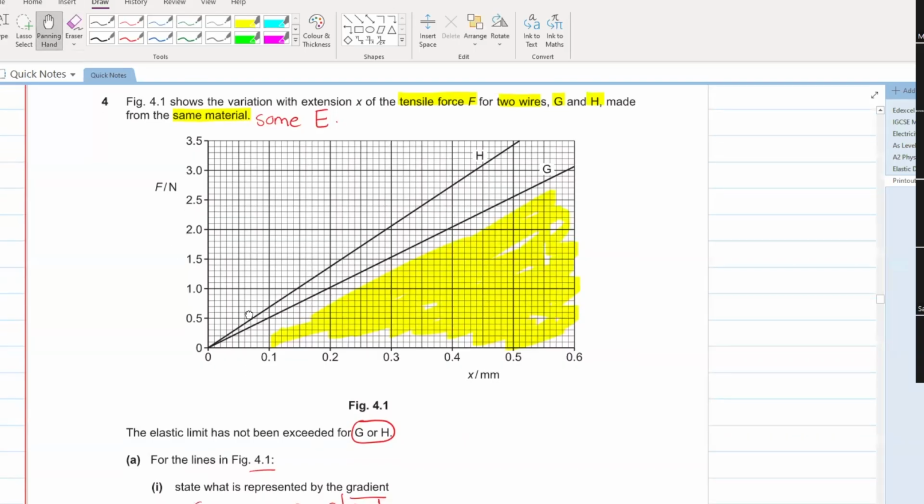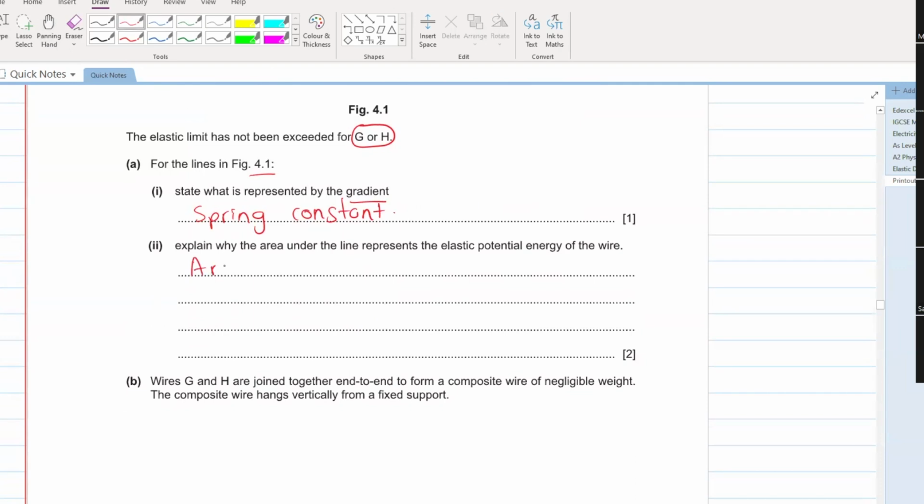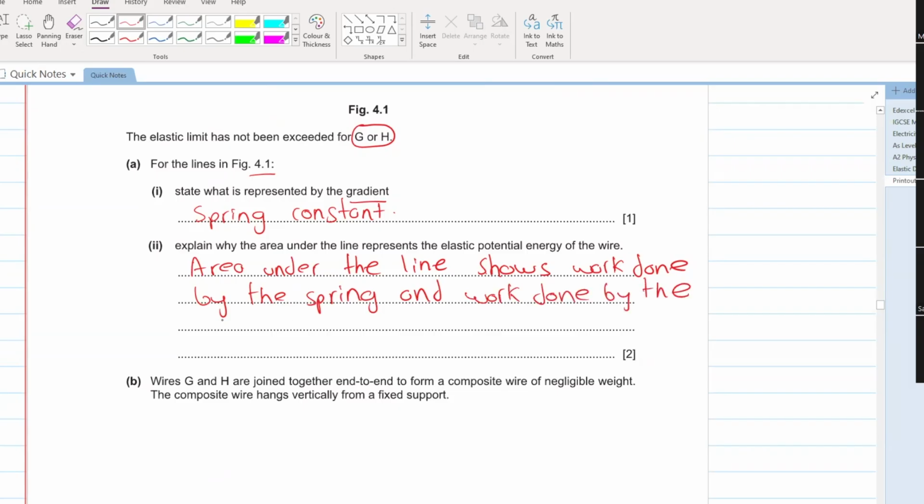So you can write this: the area under the line shows the work done by the spring, and work done by the spring is equal to elastic potential energy. Simple as that.